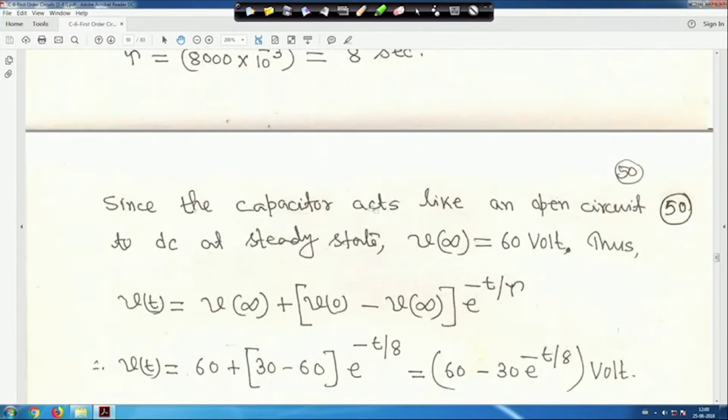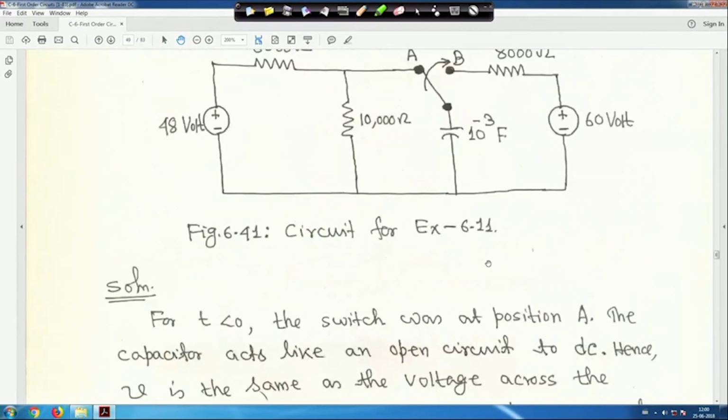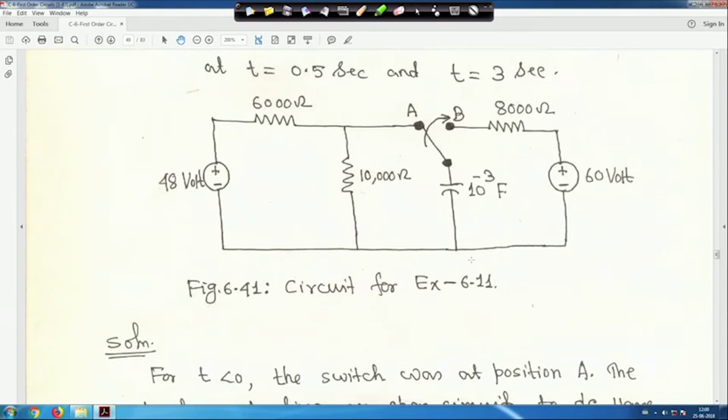Now, since the capacitor acts like an open circuit to DC, at steady state V infinity is equal to 60 volt. Now, come to this circuit. The switch is closed at B for a long time, so the capacitor will act as an open circuit.